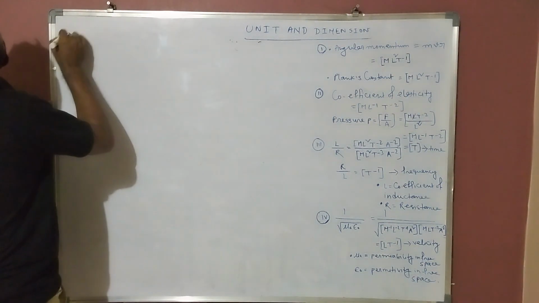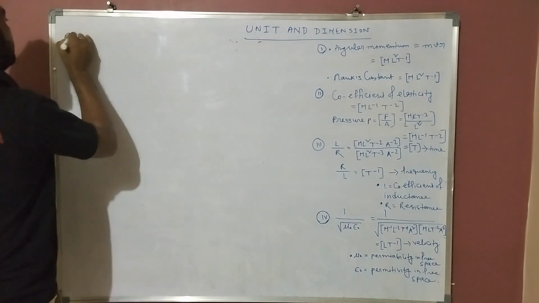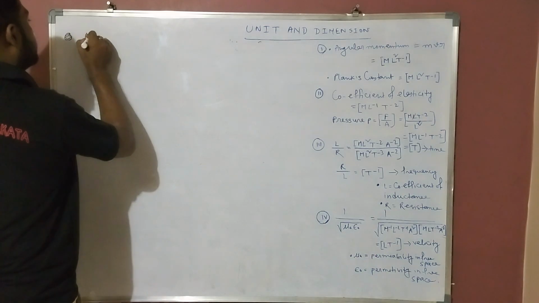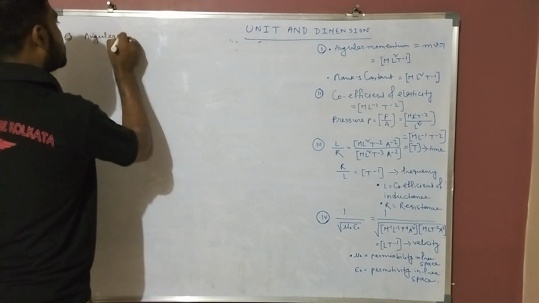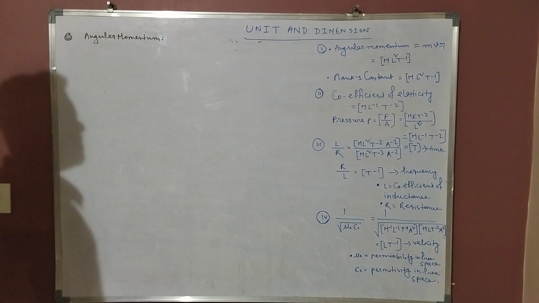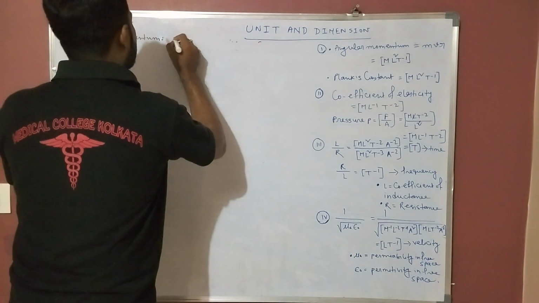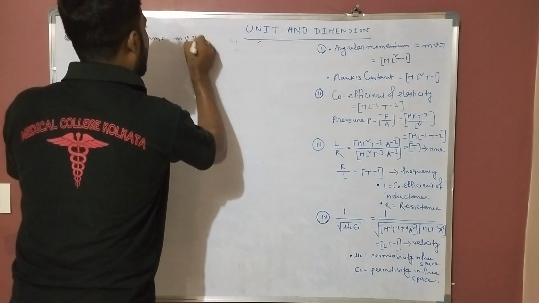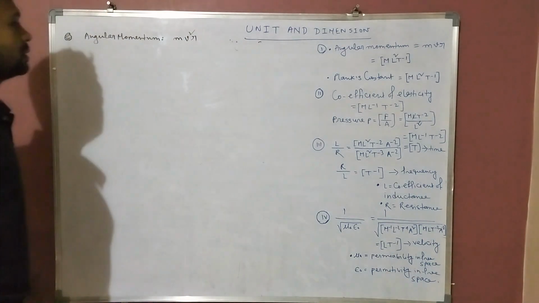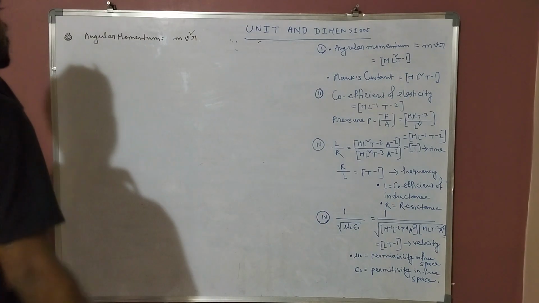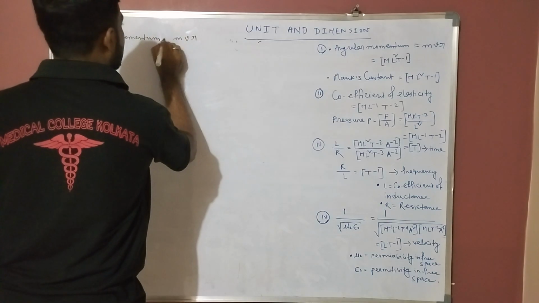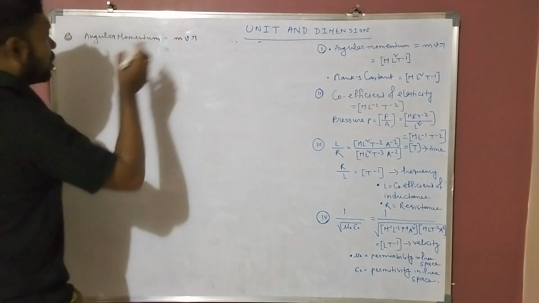Now tell me, what will be the dimension of angular momentum? Angular momentum is m v r. Now we already know the dimension of mass m.